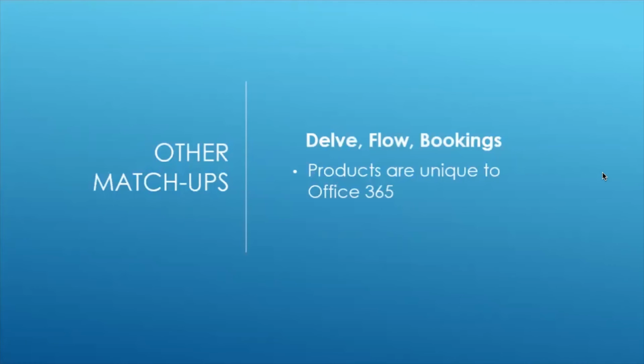So if you are someone where flowcharts is a big part of your day-to-day business life, you're going to want to stick with the Microsoft option. It is there, and it integrates, again, with everything else. Same thing with Bookings.